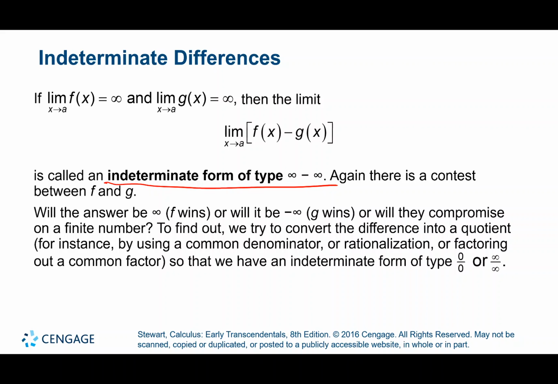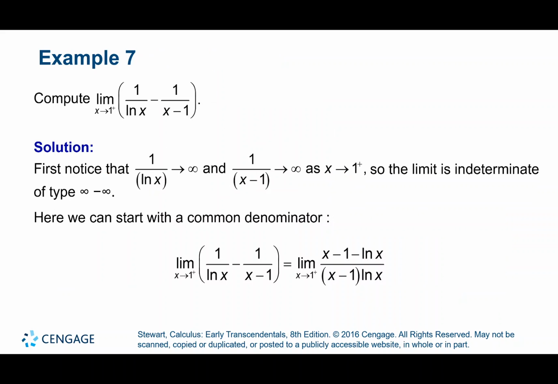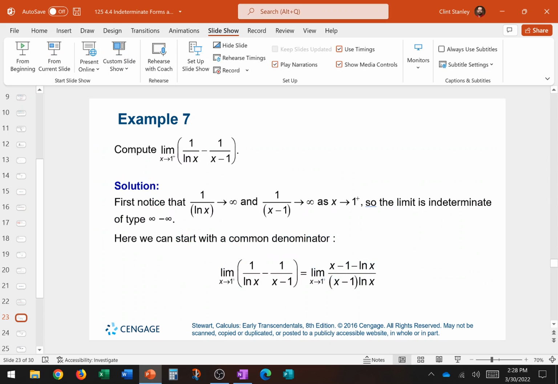Here's one example. This one's a little messy again. Here we've got the limit as x approaches 1 from the right of 1/ln of x minus 1/(x minus 1). So let me transfer that over to scratch work here.